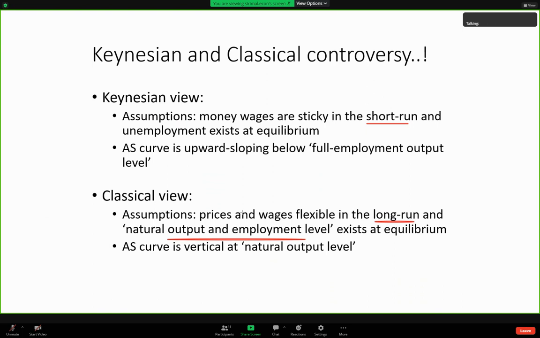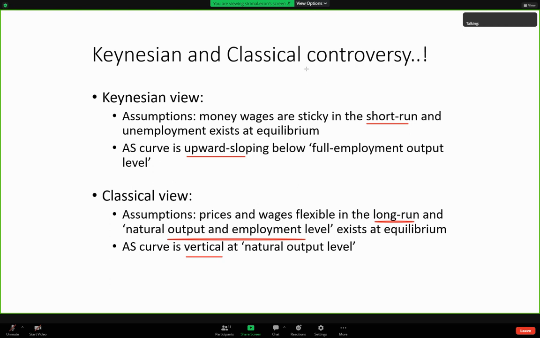No unemployed, no below the output level, below the productive capacity. Because of this assumption, the aggregate supply curve is vertical, according to classical view. According to Keynesian, it is upward sloping.